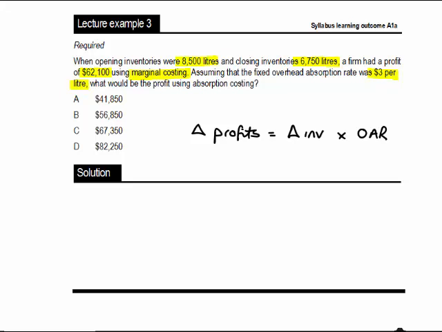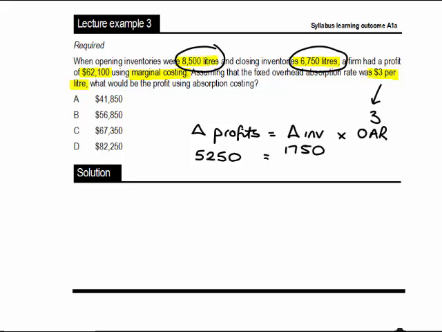Here we've been given it, and it's $3. The difference between our opening inventory and our closing inventory is 1,750 litres, and if we multiply that by 3, we've got 5,250, which must be the change between the two profits.